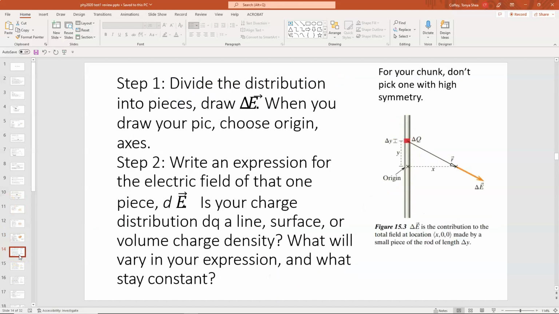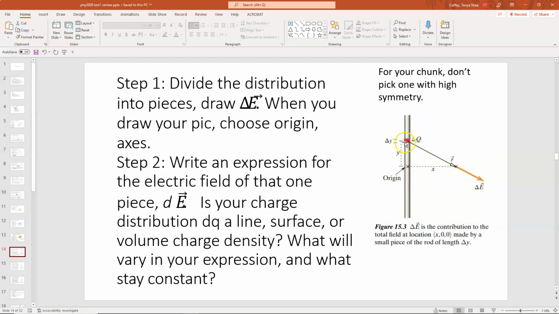Now, how would this play out in real life? Well, first of all, what you would need to do is draw your distribution and divide it into little pieces, and then depict one of the little pieces on your sketch. So, for example, if we had a charged wire, which is shown here, this wire lies on the y-axis, and you're interested in what the electric field is at some distance x away from the center over here, you see on the right.